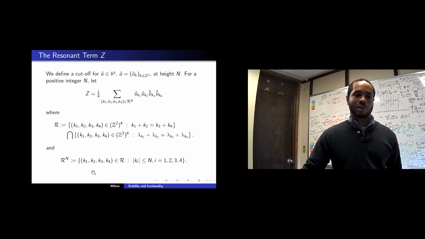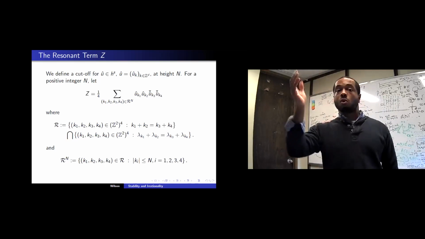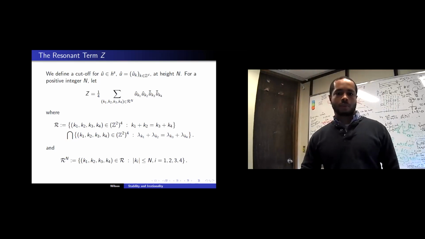So my resonant vectors, what I'm summing over here, also have the condition that all of my indices, or all of my wave numbers, are less than or equal to n. Again, because I essentially threw away the higher tails of the sequence.